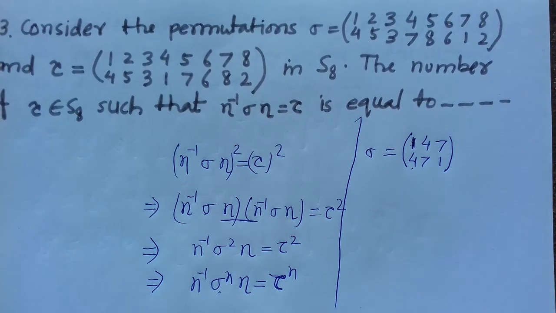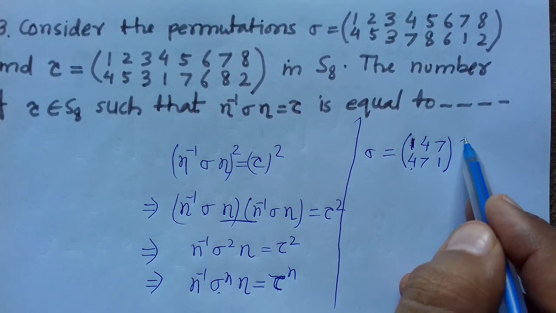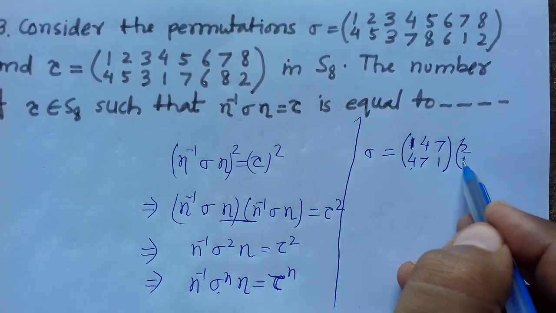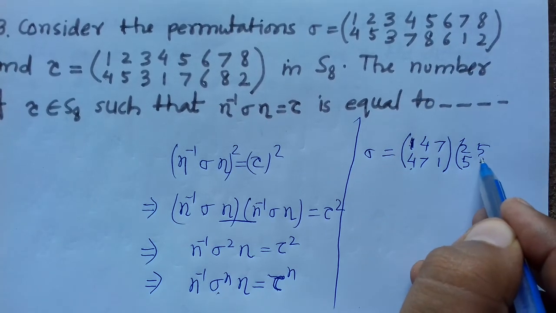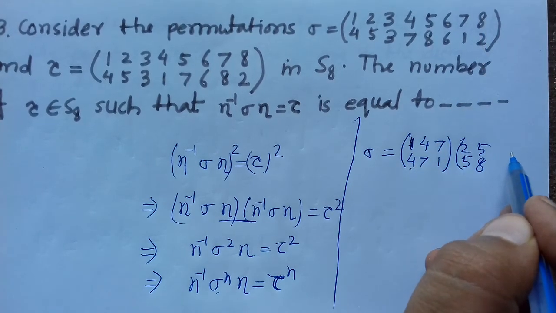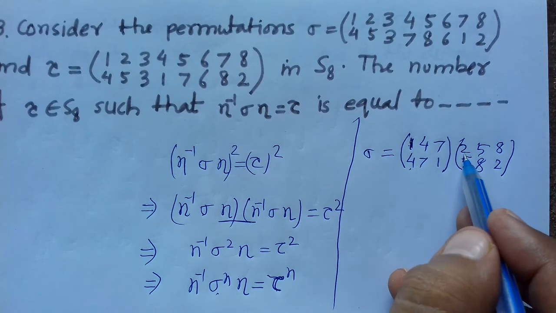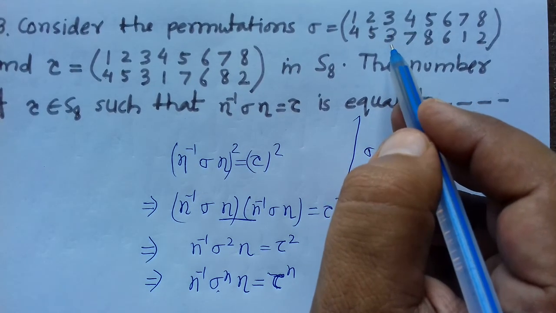Here is 1, so this is a cycle. Now after 1 there is 2, so let us see 2, here is 5. Now 5, 8, now 8 2. Now after 2 there is 3, you see 3 constant.